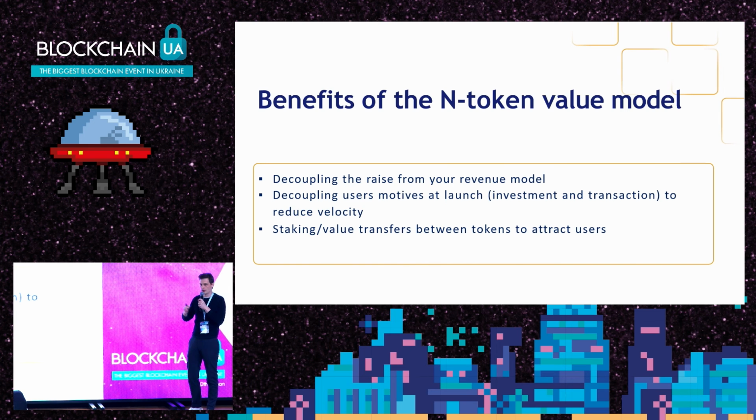Therefore, having several tokens, you can really dissociate what token does what on the network, you can reduce the velocity, and you can have some long-term growth value for the investment token, so to speak.